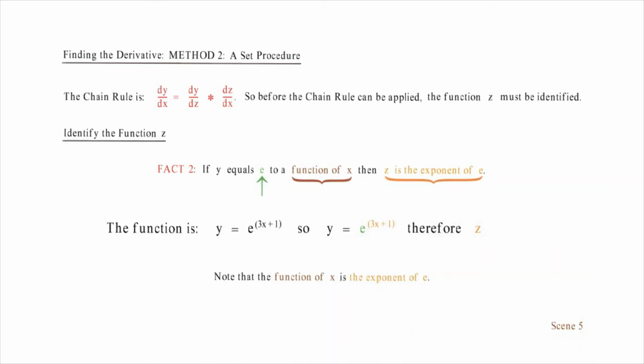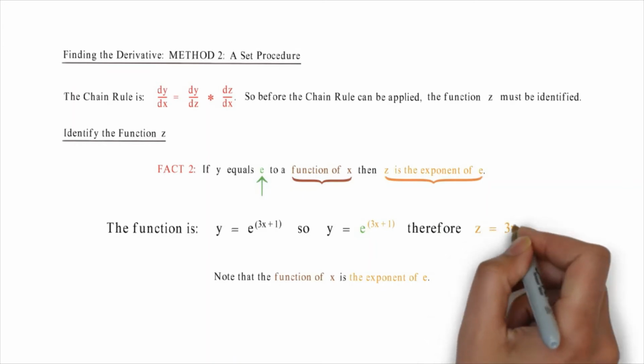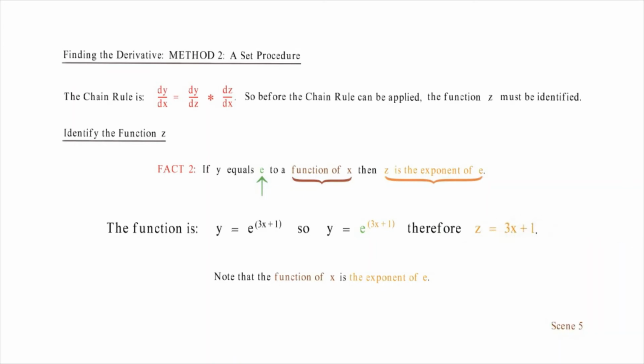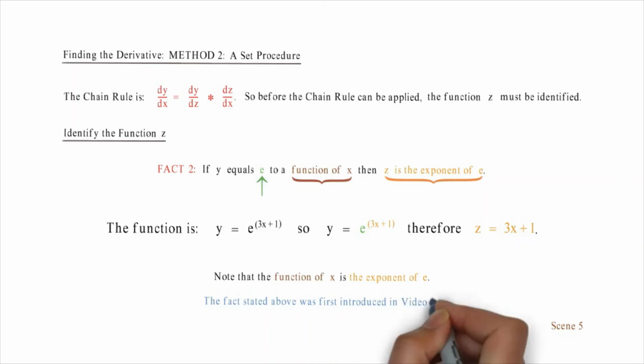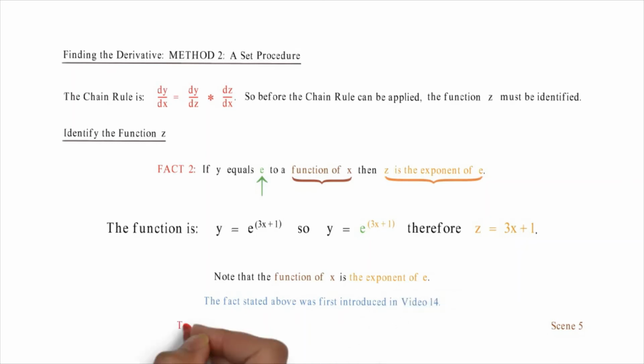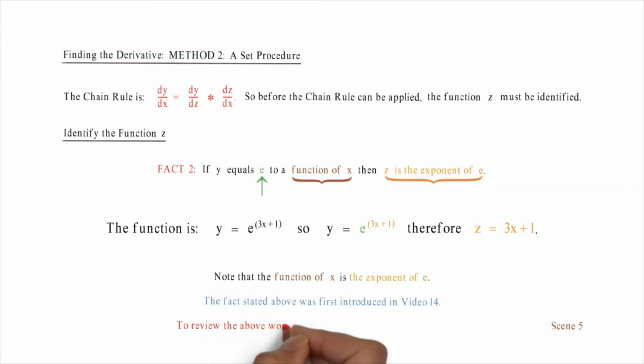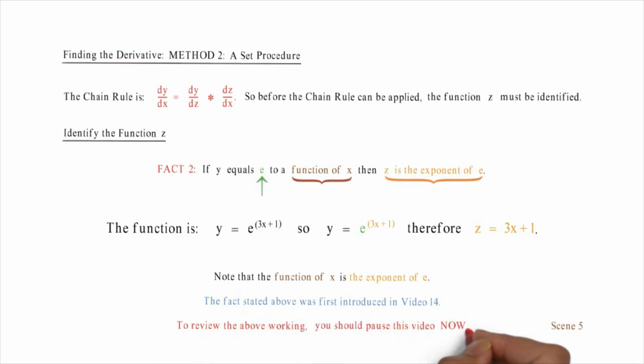Therefore, z equals 3x plus 1. The fact stated above was first introduced in video 14. To review the above working, you should pause this video now.